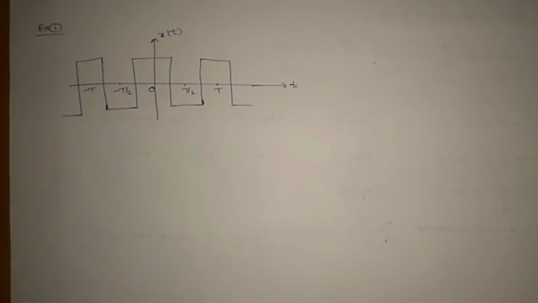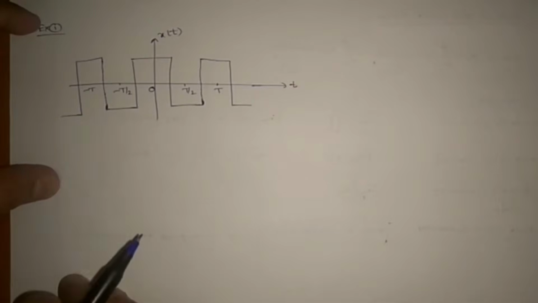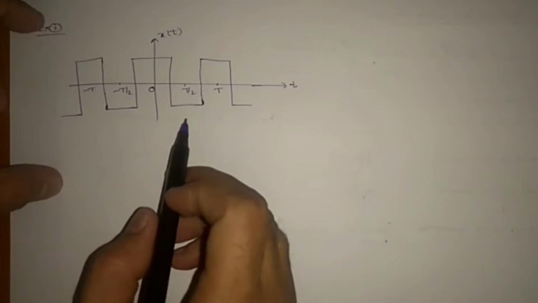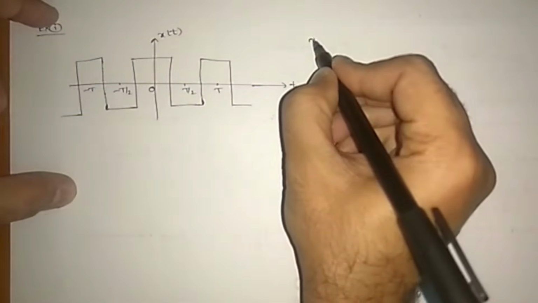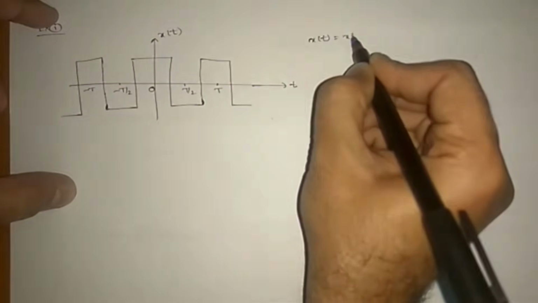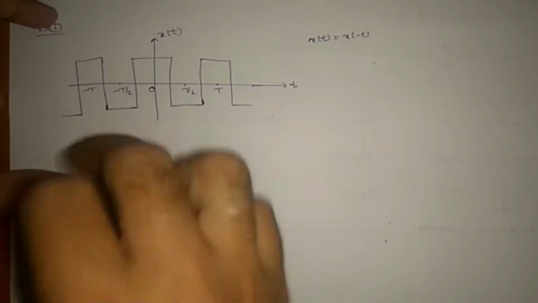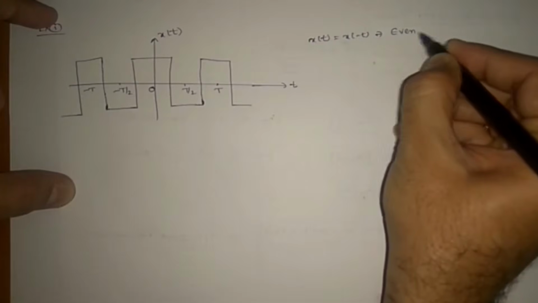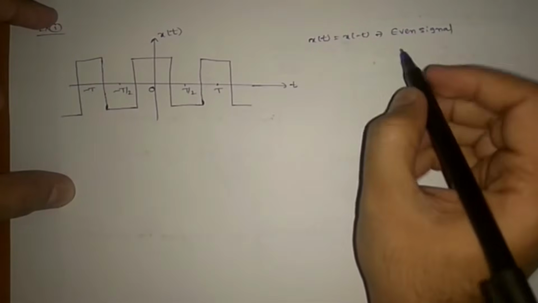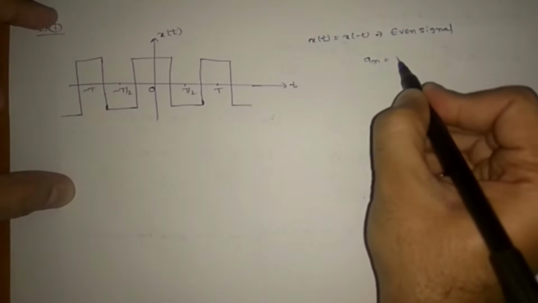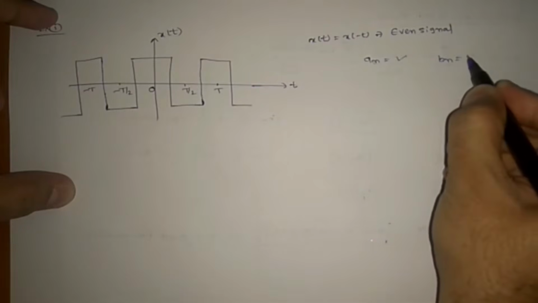So given this signal, what terms will the mathematical equation contain, by following these steps? Okay. So here, whether it is an even signal or an odd signal, if you find x of t equal to x of minus t, even if you perform time reversal, you will get the same signal, right? So it is an even signal. Then if it is an even signal, an term will be there and bn equal to 0, right?